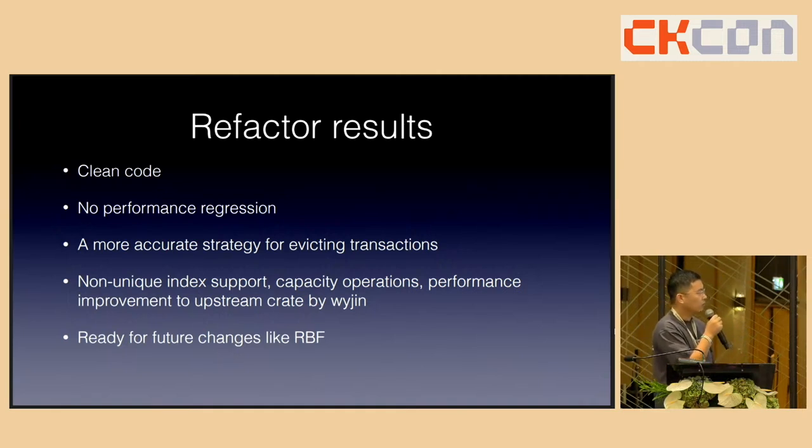We added some new operations, and there are also some performance improvements, so other projects can benefit from our contribution. That's the great sense of open source. And after we finished the refactoring, we found we were ready for new features like replace by fee, because you can now easily remove transactions from the pool.